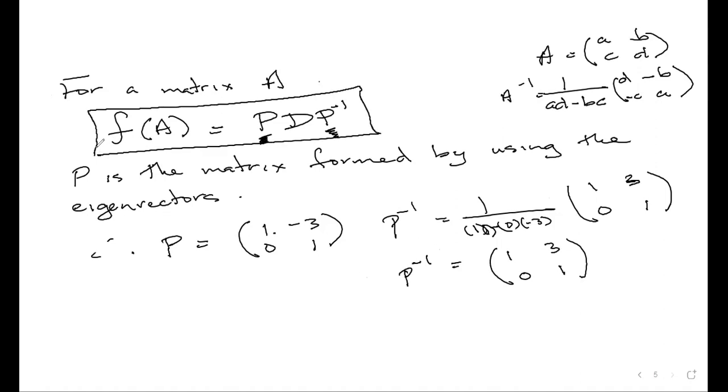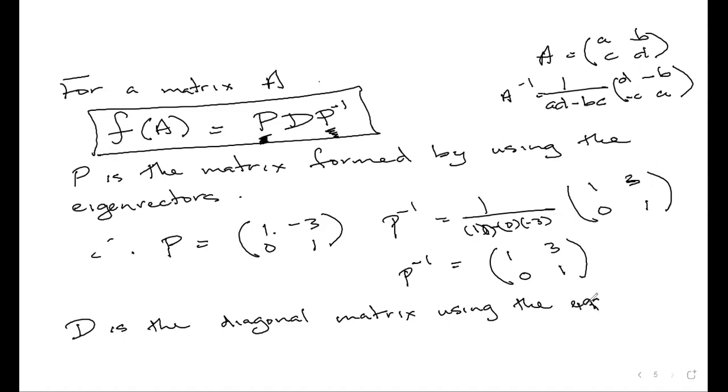And so we say P is the matrix that is formed using the eigenvectors that you have, and D is the diagonal matrix. So D is formed using the eigenvalues.